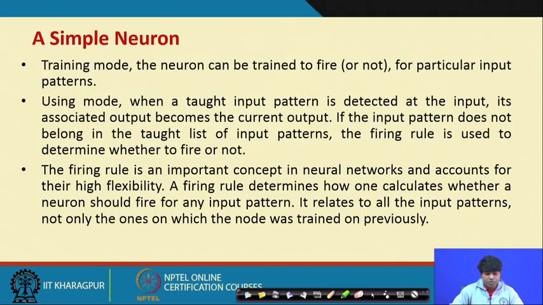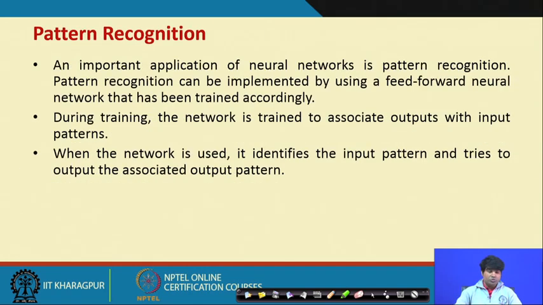So, let us see how the particular structure is. In the training mode, the inputs are trained properly to predict the output, but in the using mode, the input pattern can be detected through the training, and then it will be finally connected with the output forecasting. So, it is a simple framework through which you can do typical neural network forecasting.